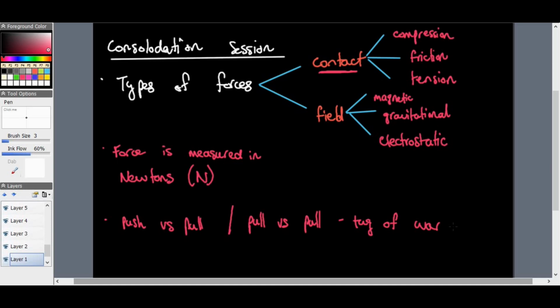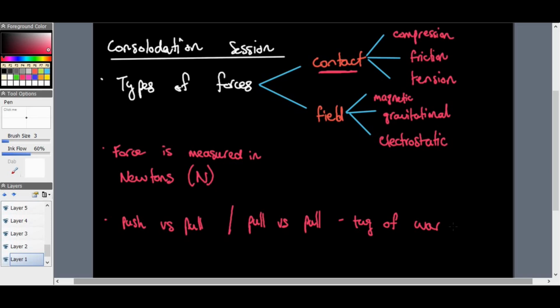With tug of war it's two pull versus pull forces, which creates a force known as tension. There's tension in the rope. Often a team can only win if it pulls with a greater force than the other team, to overcome the other team's force.